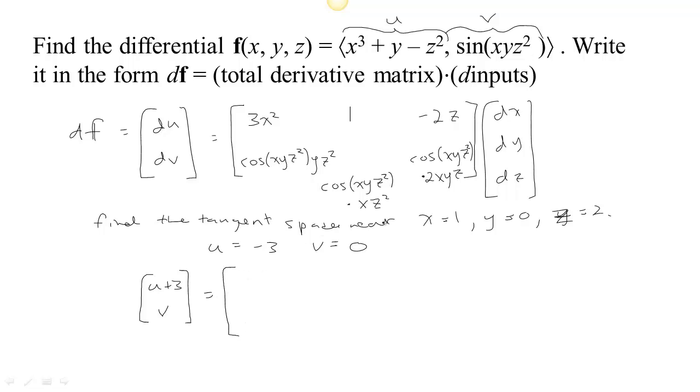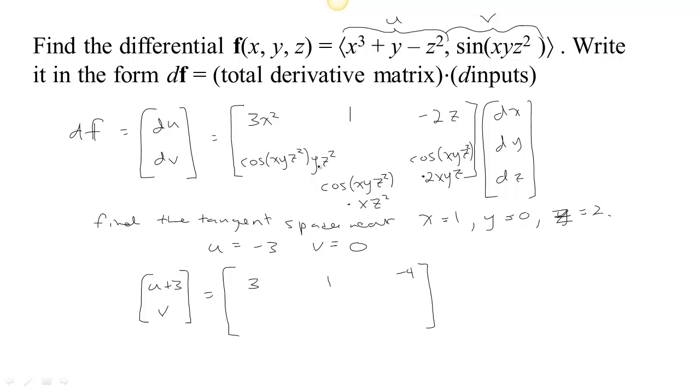Now we can evaluate our slopes. If x is 1, then 3x squared is just 3, then 1, and z is 2, so this is negative 4. Now for these slopes, xyz squared is 0, and the cosine of 0 is 1, so in each case this is 1, and then we just have to worry about yz squared, xz squared, and so on.